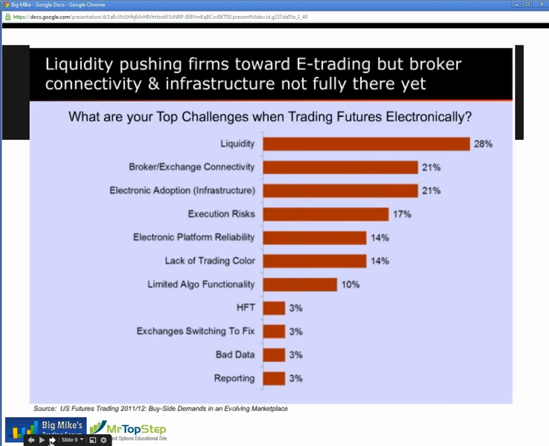Electronic reliability, I don't know. We saw Knight Trading have a glitch, and that scared a lot of people. Lack of trading color, well, there is really no trading color other than the electronic blips we get when things are getting out of hand. Functionality I think is not a big deal, and then lower down, reporting, bad data, stuff like that, I don't think there's a big concern in that area.